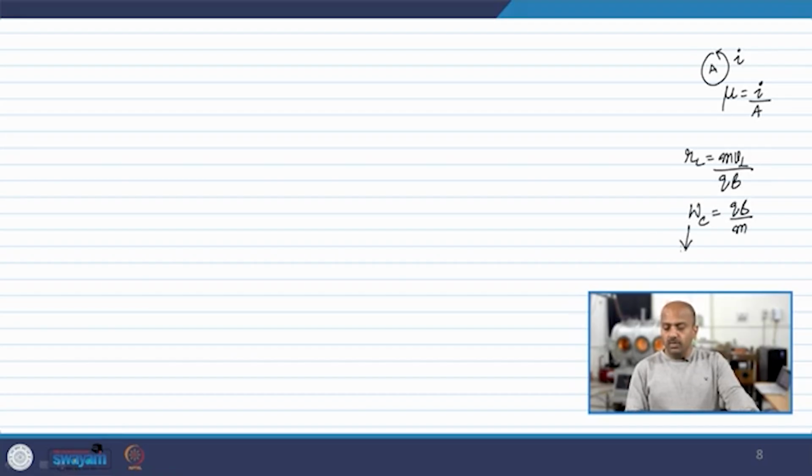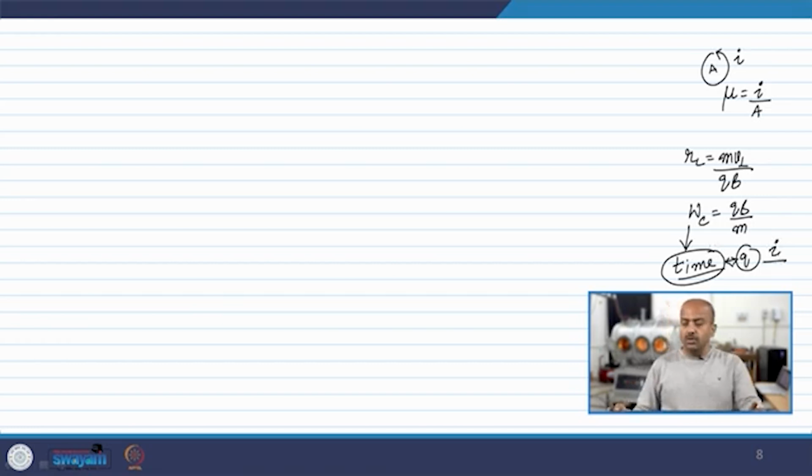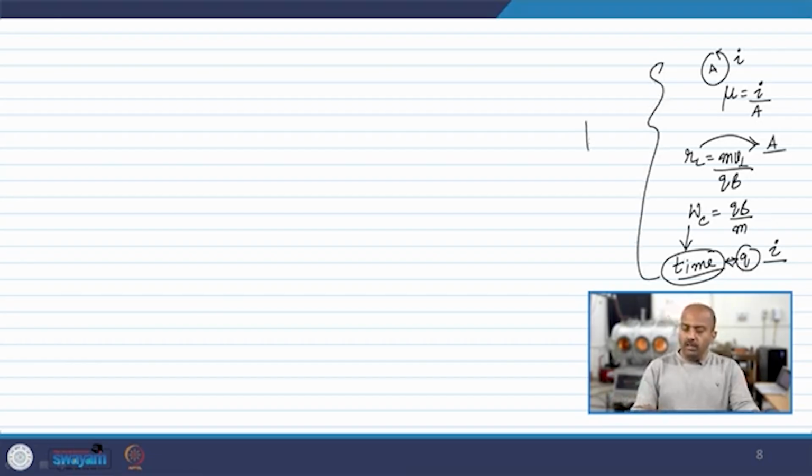So, this frequency has a measure of time, and we have charge q. These two things will give you the current that is produced, and r_L will give you a measure of the area of the loop. So, in effect, all these things put together will give you the magnetic moment that is generated per single particle.